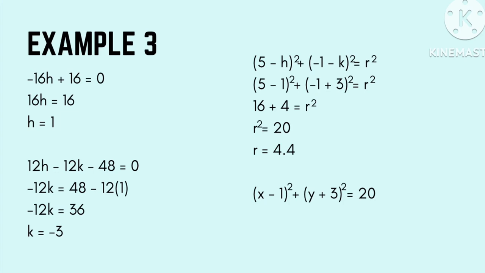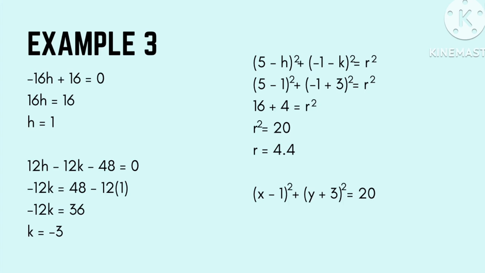And then for our radius, we just have to substitute it into one equation. So we will use the first equation. So we have (5 - h)^2 + (-1 - k)^2 = r^2. So if we substitute h and k, we have (5 - 1)^2 + (-1 + 3)^2 = r^2.